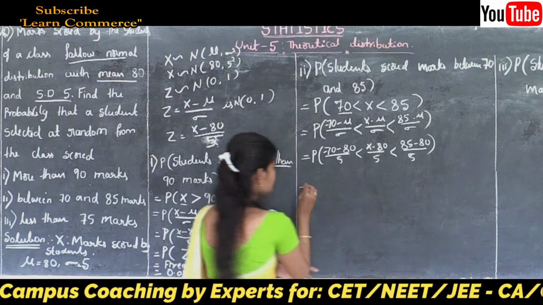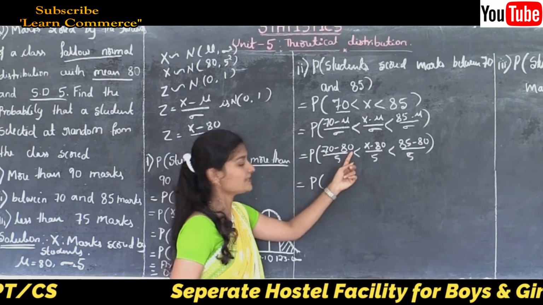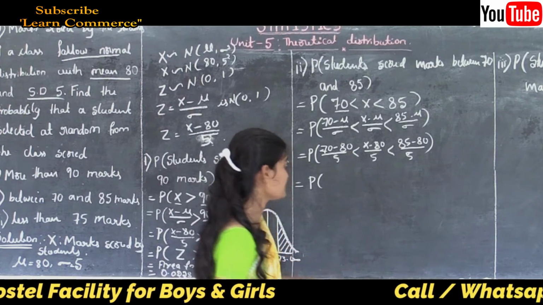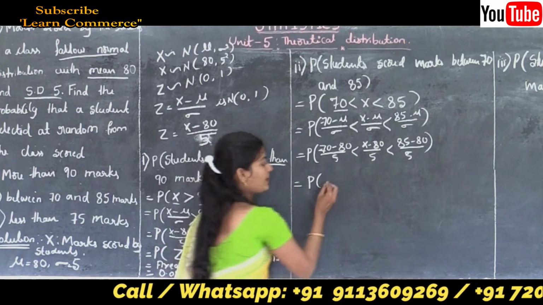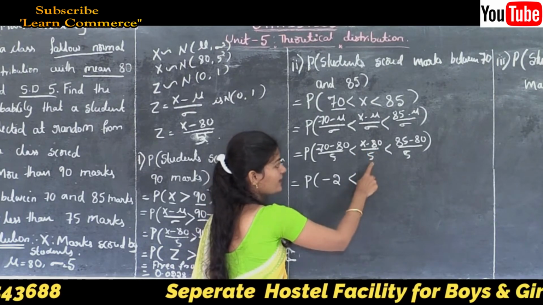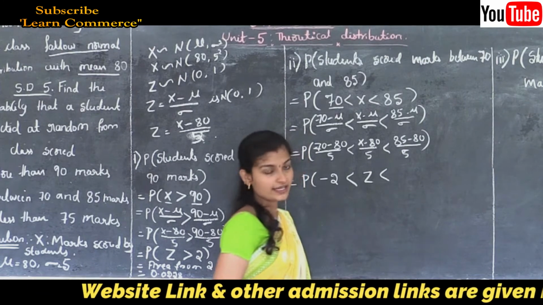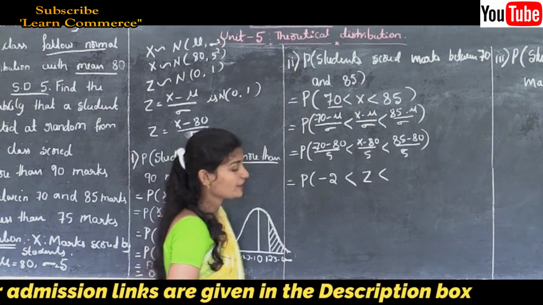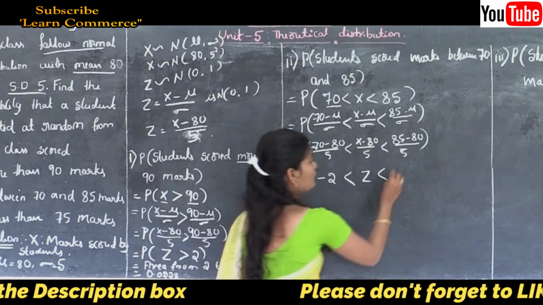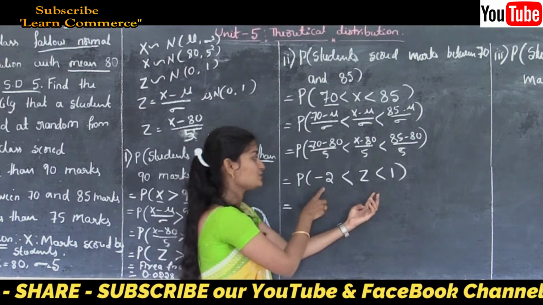This is 70 minus 80, which is minus 10, and minus 10 divided by 5 is minus 2. Less than z, less than 85 minus 80, that is 5, and 5 divided by 5 is 1. See here z lies between minus 2 and 1.